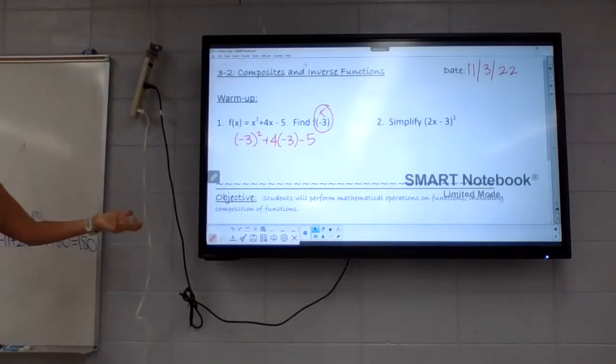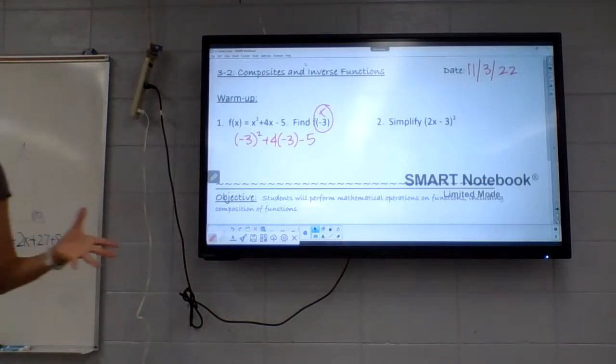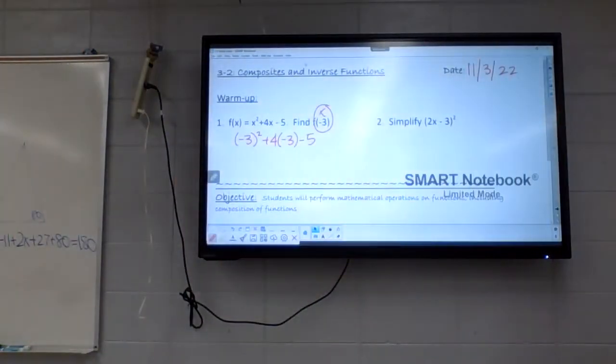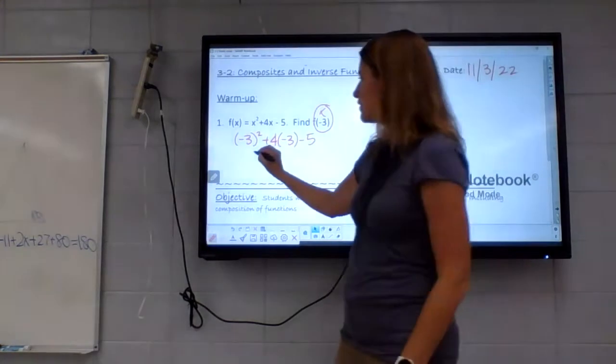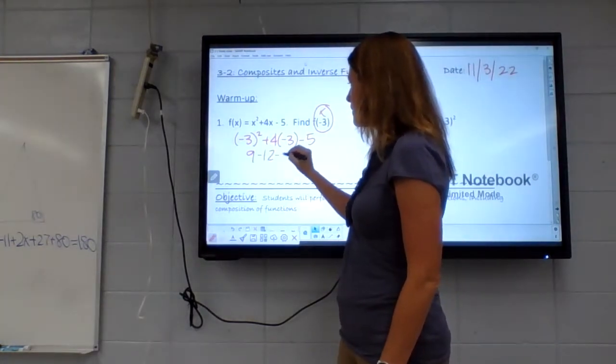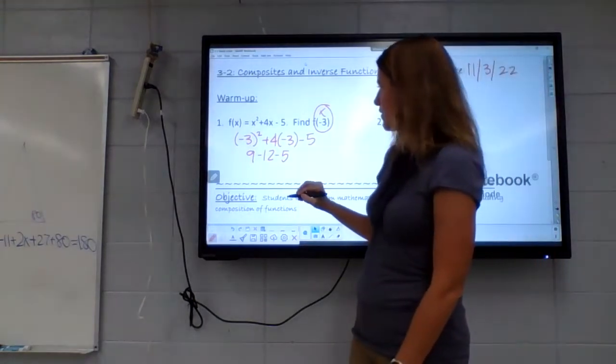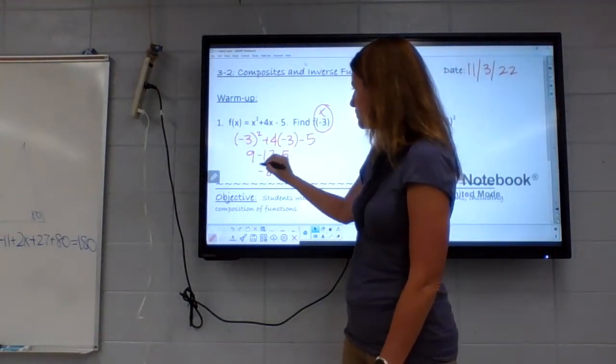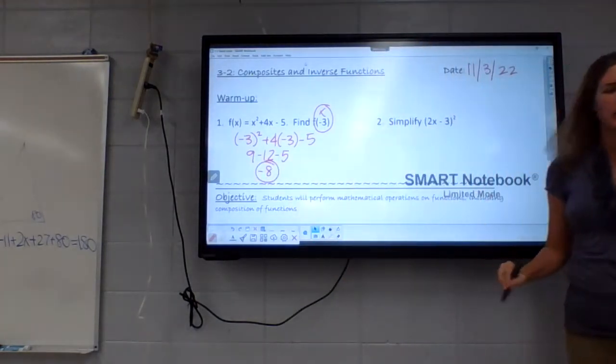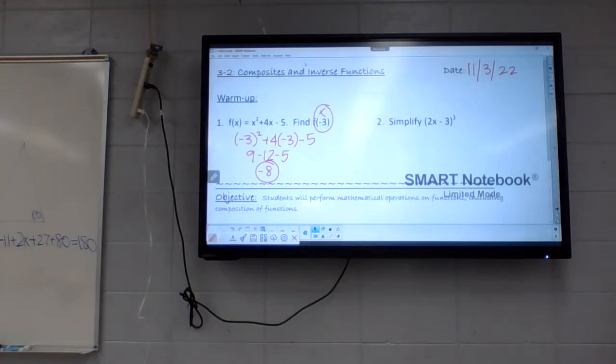Because -3 squared is actually +9, but your calculator might tell you it's -9 if you don't put the parentheses. So just be careful on that. That's another little trip up spot. And then we end up with, is it -8? Yeah. And you would have got a bigger negative number if you missed the parentheses.